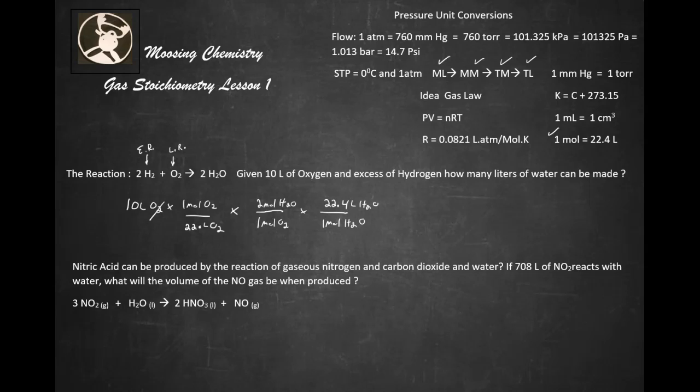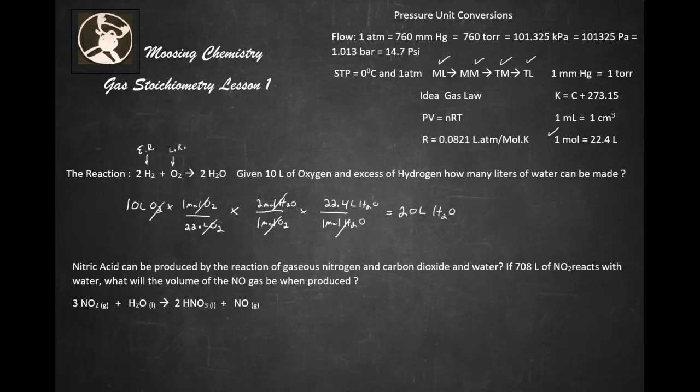Let's cancel out our common units, and when we do the math, we get 20 liters of H2O. It's really kind of easy to do these kinds of problems. They look daunting sometimes, but overall, you can easily do them.